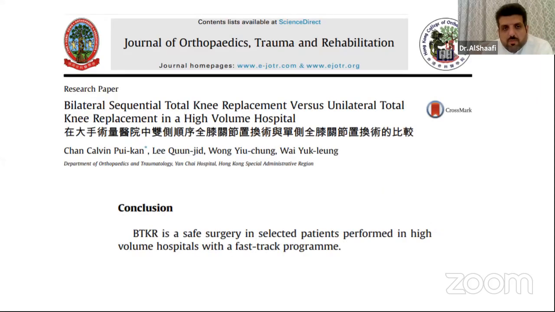Another paper from China compared the bilateral sequential total knee replacement with the unilateral, and they found that bilateral sequential total knee replacement is a safe surgery in selected patients, performed in high volume hospitals with fast-tracked programs.